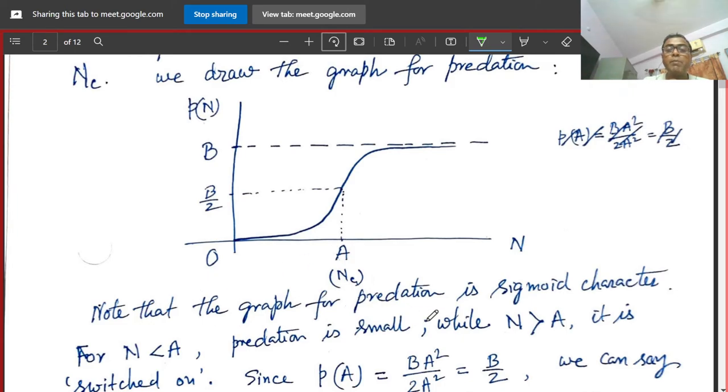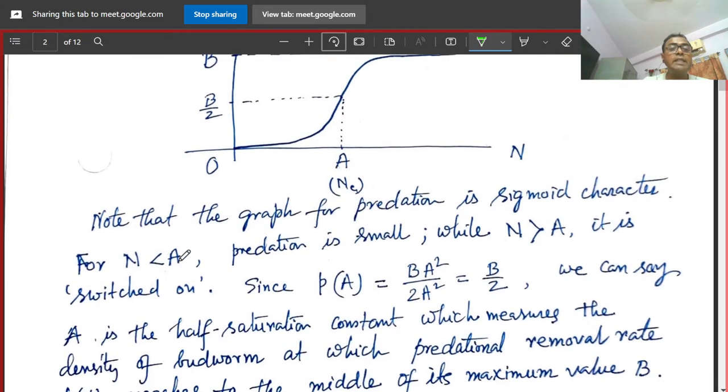Note that the graph of predation is of sigmoid nature. This is the sigmoid curve of predation against the density of the budworm. When N is less than A, the predation is small. When N is to the right of A, that is N greater than A, predation is switched on.